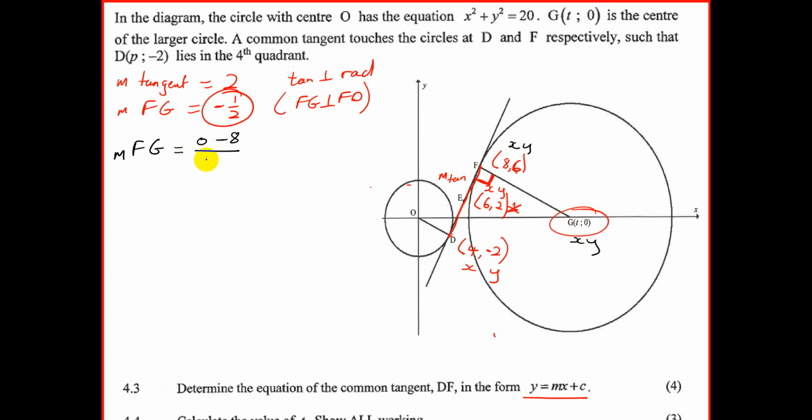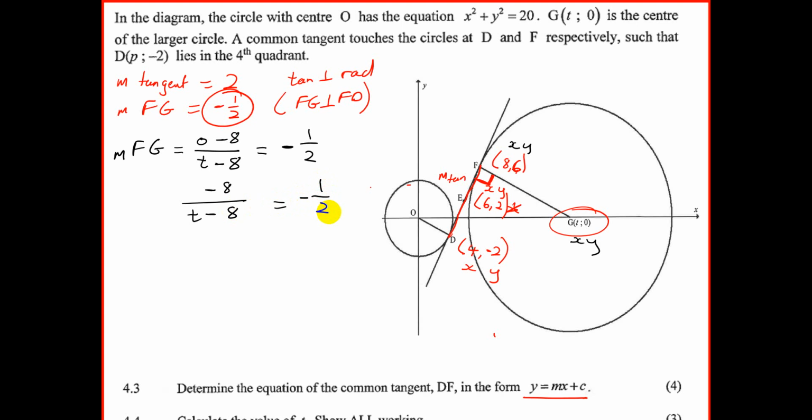The G value for x is t, minus 8. So that is the gradient of FG. But looking above, we know it's equal to minus half. So we now have an equation: 0 minus 8, which is negative 8, all over t minus 8, which is equal to negative 1 over 2.